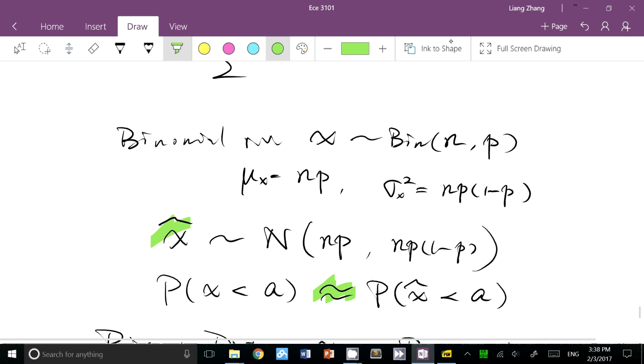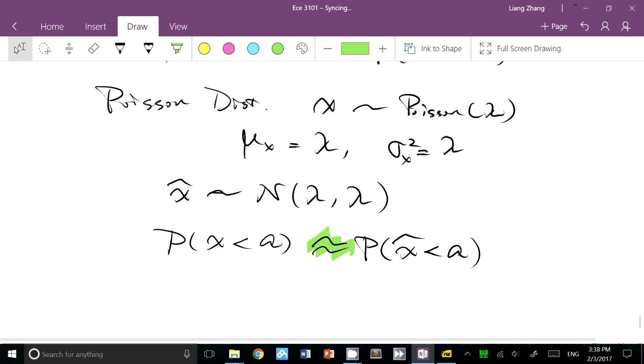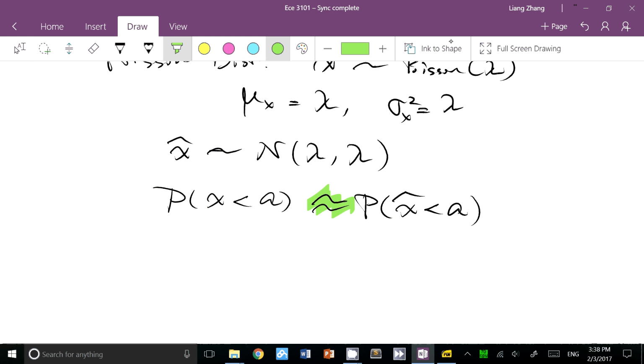So the selection of the parameters for x hat may be a little tricky, especially for binomial distributions. If you're interested, you can look at section 3.5 of the textbook, which explains how these approximations can be used.